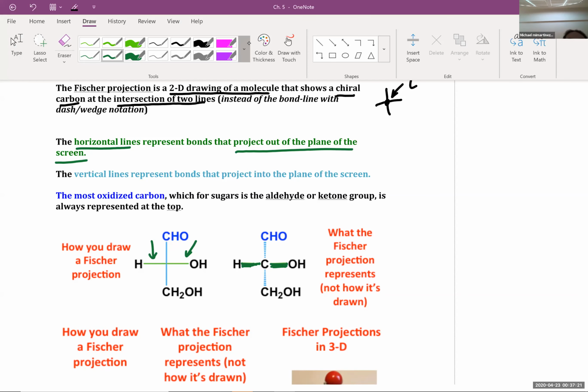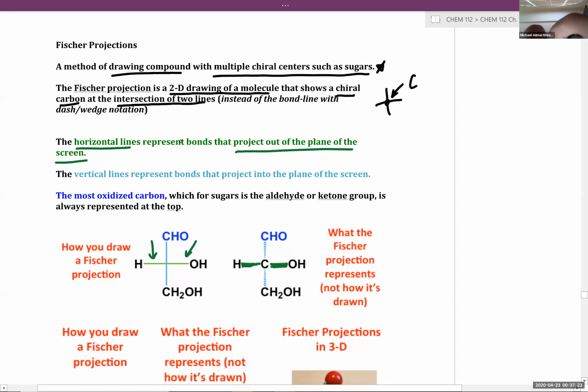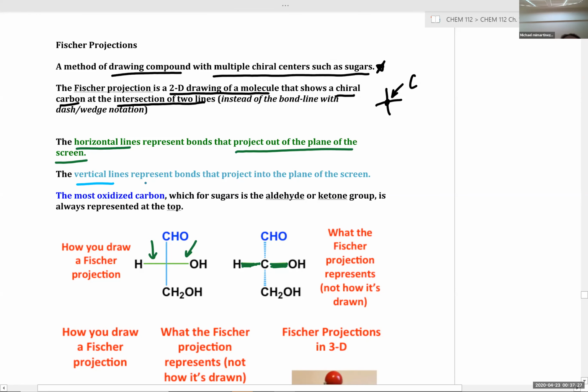Now, the vertical lines represent bonds that project into the plane of the screen, so dashes. For our vertical lines, we have our aldehyde and our alcohol.